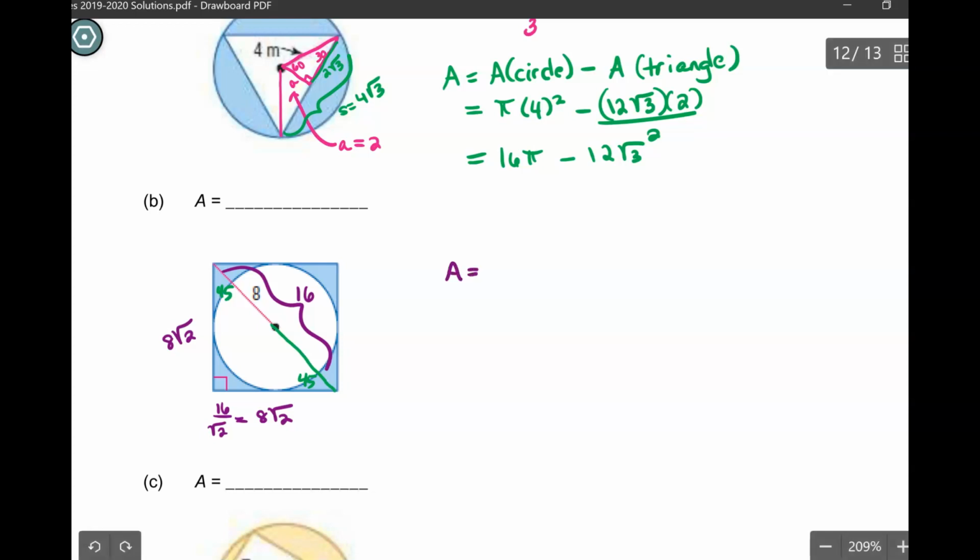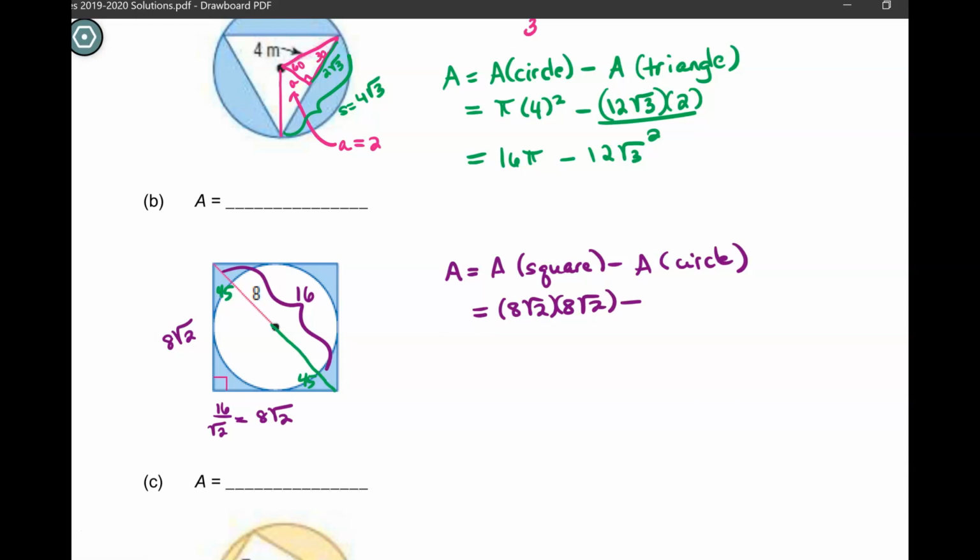So for my area, I'm going to take the area of the square and I'm going to subtract the area of the circle. So the area of the square is just going to be base times height. So 8 root 2 times 8 root 2 minus the area of the circle. So that's going to be pi r squared. Now, if all the way across is 8 root 2, that would make the radius 4 root 2, just half of that.